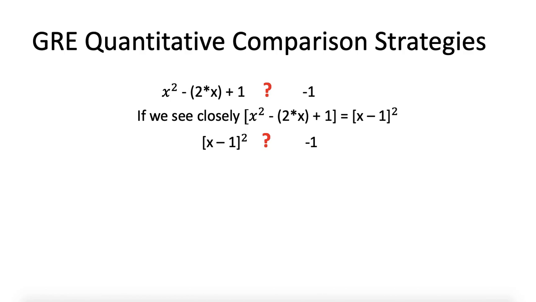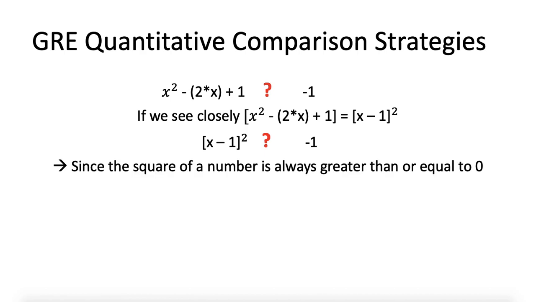And this is a basic rule which you should remember, that when you have an even power, the result is always non-negative. That means the result could be 0 or any positive number. So that's why on the left side, the quantity A is always non-negative, either 0 or positive, and the quantity B is always negative. That's why the answer is option A.